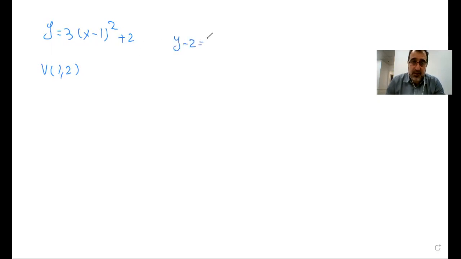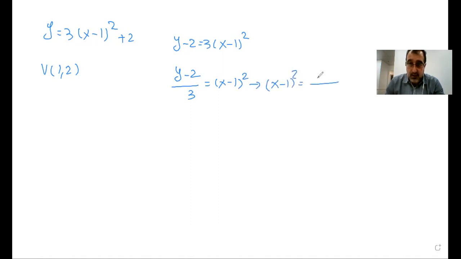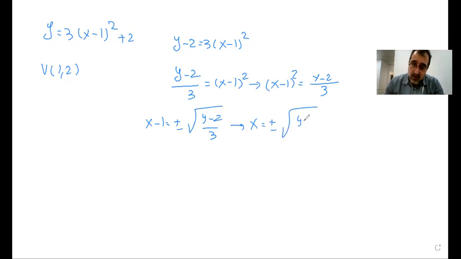y minus 2 is going to be 3(x minus 1) to the power 2. Then (y minus 2) over 3 equals (x minus 1) squared, so x minus 1 equals plus or minus the square root of (y minus 2) over 3, and x equals plus or minus the square root of (y minus 2) over 3, plus 1.